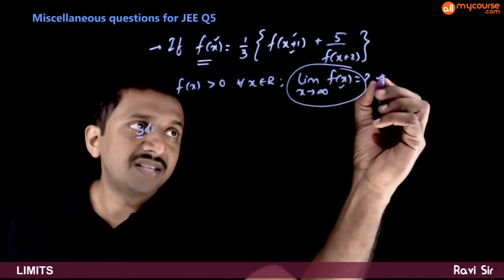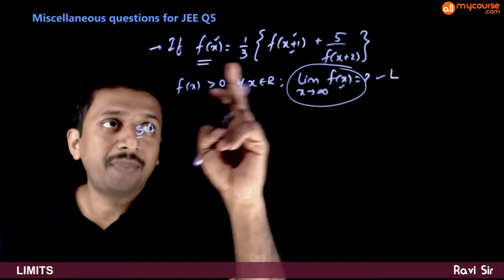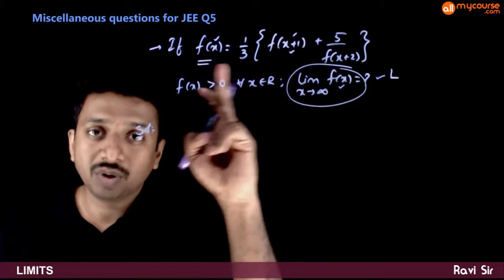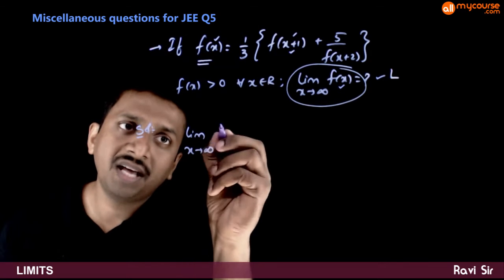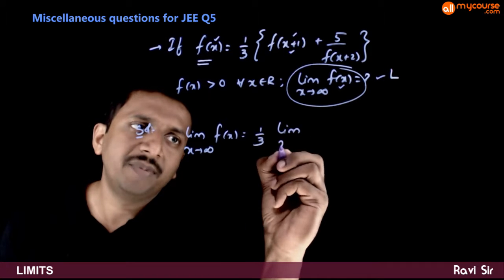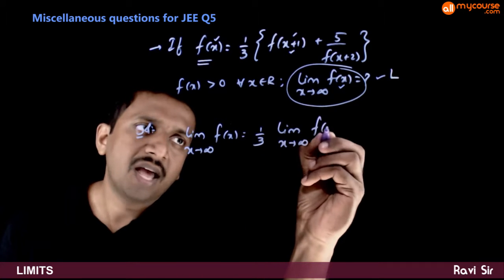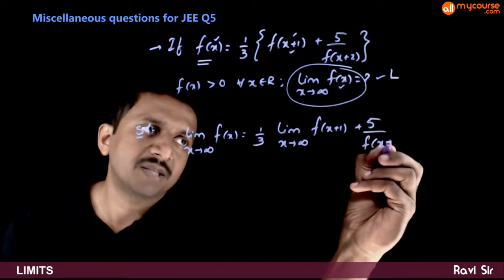So if this limit is equal to L, and I apply the limit as x tends to infinity on both sides, then the limit of f(x) has to be equal to 1/3 of [the limit of f(x+1) plus 5 by f(x+2)].